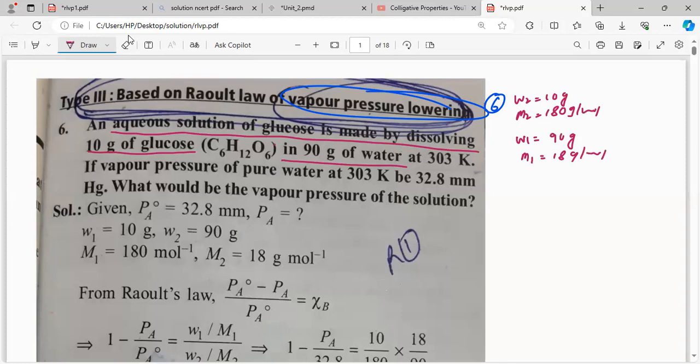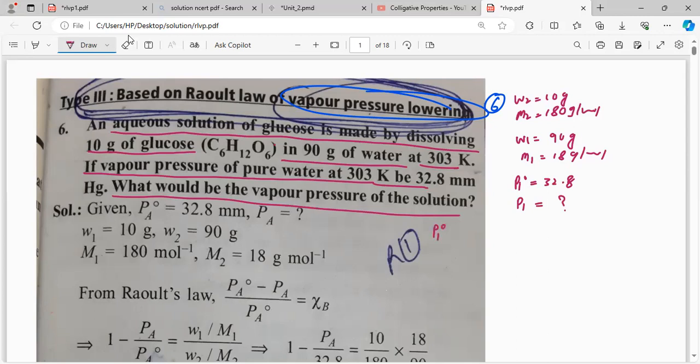Here they are saying at 303 Kelvin, if the vapor pressure of pure water is 32.8, so P1 naught is equal to 32.8 mm Hg. What should be the vapor pressure of the solution? So P1 they are asking. So can I do this?